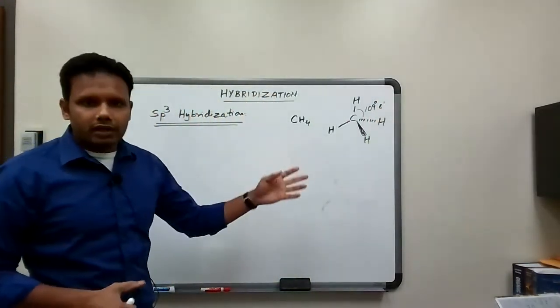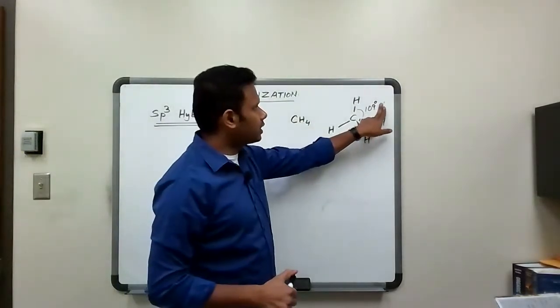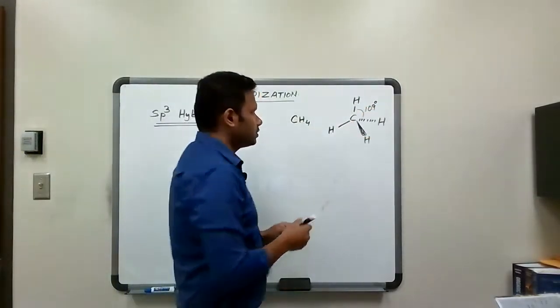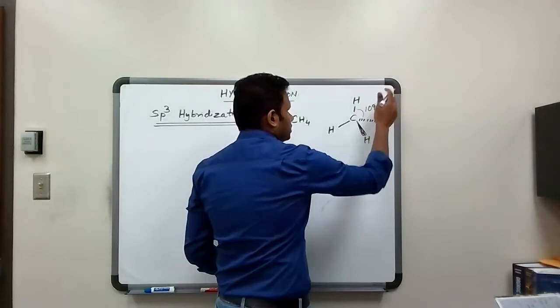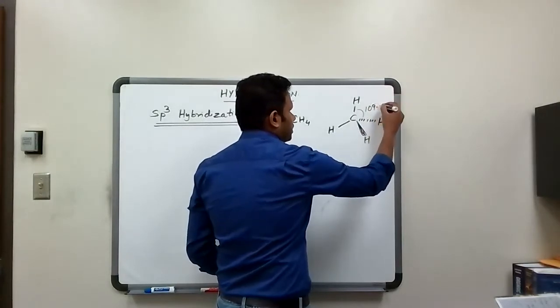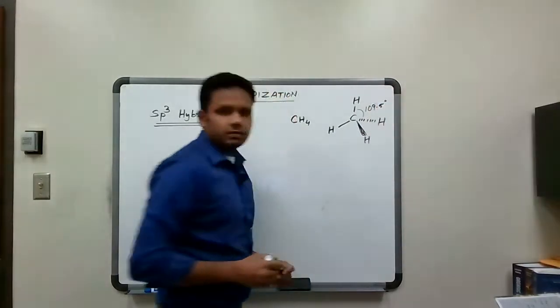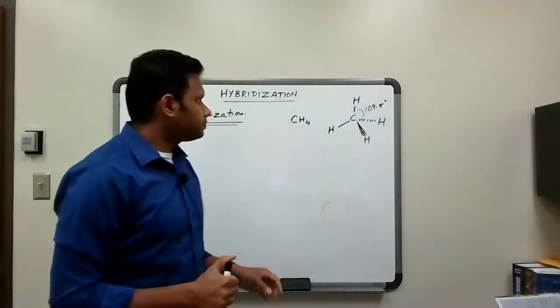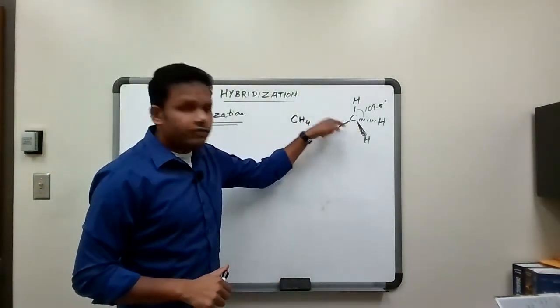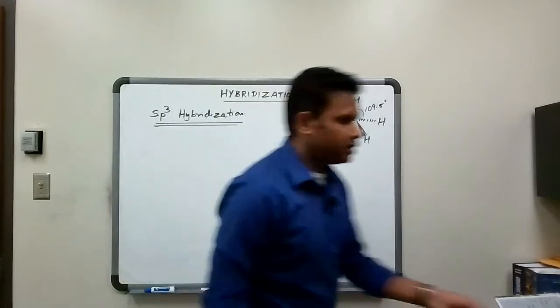Now we can just approximate it to 109.5 degrees, that's what we usually do. That's the tetrahedral bond angle, and every bond angle here is that 109.5 degrees.